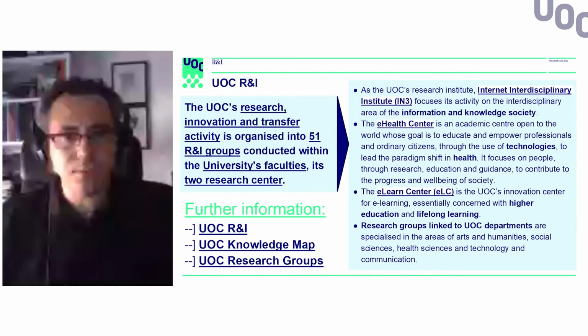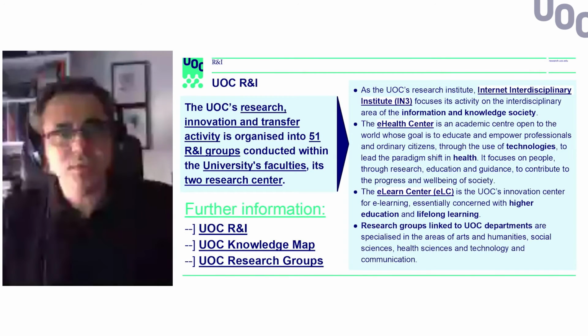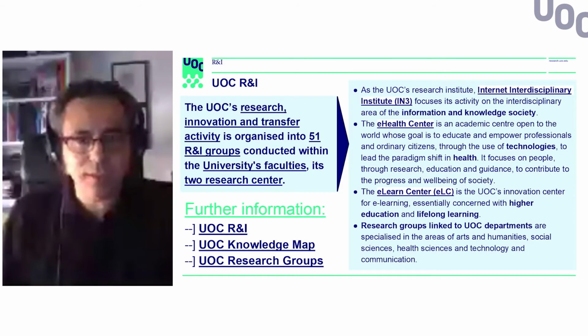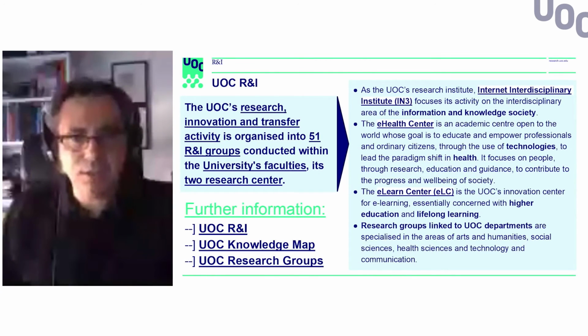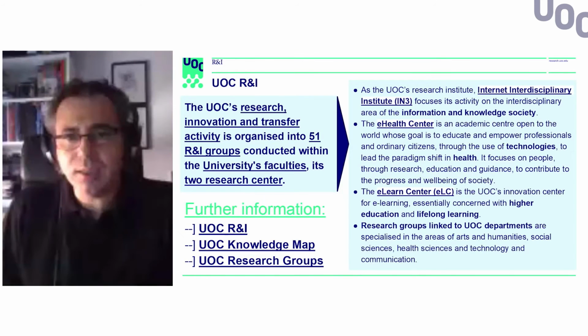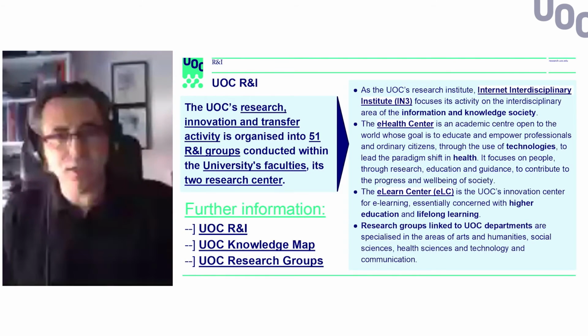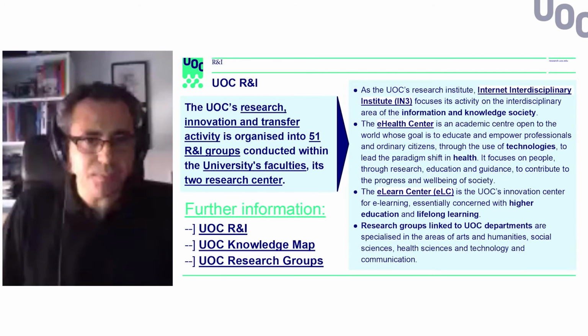UOC research is organized into 51 different groups that are linked to the different university faculties, called studies here, and to our two main research centers, the eHealth Center and the Internet Interdisciplinary Institute. Additionally, we have an innovation center, the eLearn Center, which is linked to the development of tools and research in higher education and lifelong learning. Here you can see the link.